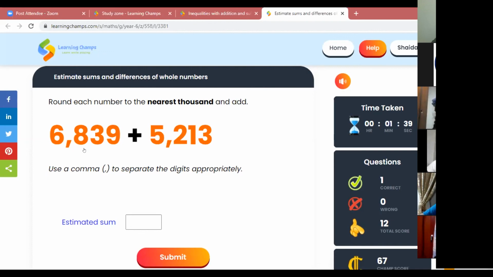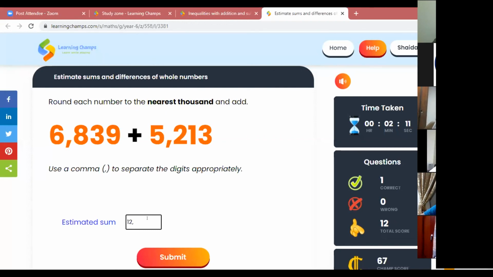It is 7,000. And here, 5,000. 7,000 and 5,000 is 12,000.